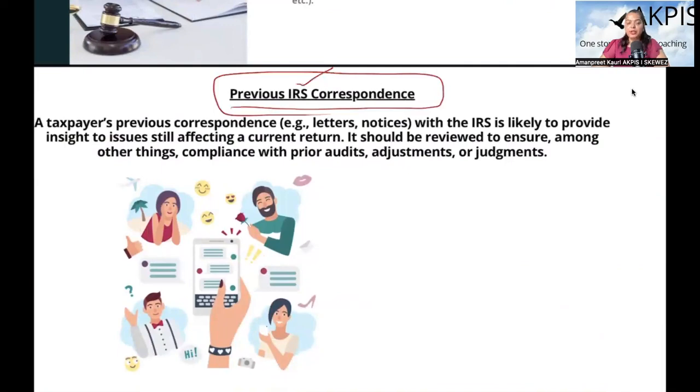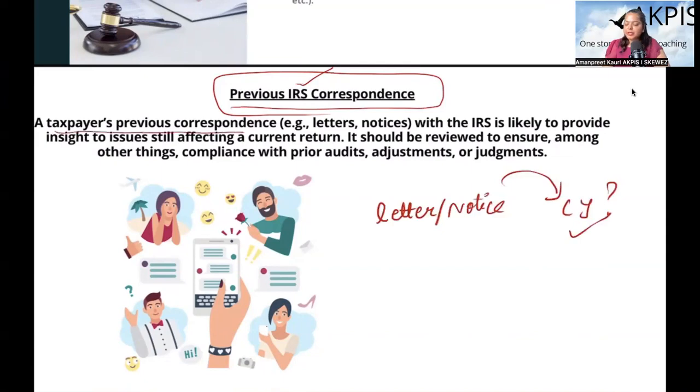That means if you received any notice or any letter from the IRS, it will provide an insight, a base, a look into what further course of action needs to be followed in the current income tax return. For example, if you received any letter or any notice from the income tax department last year, what kind of impact will it have in the current year? So that means that correspondence is equally important, right, while filing the income tax return for the current year.